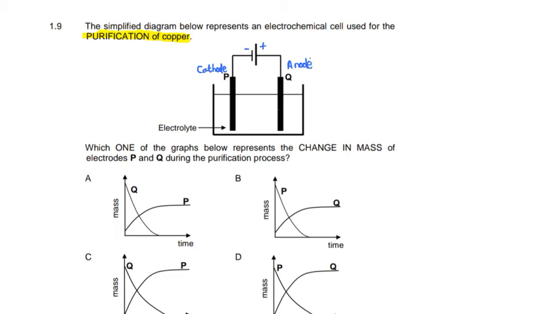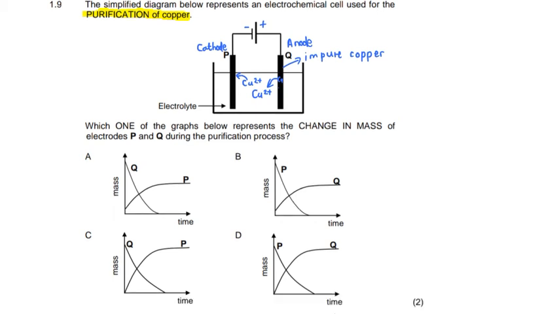Another theory for the purification of copper: you always put the impure copper at the anode so that it can undergo oxidation, so that it can be oxidized into copper 2 plus ions. And every time that happens, a copper 2 plus ion that is in solution gets reduced on the cathode.